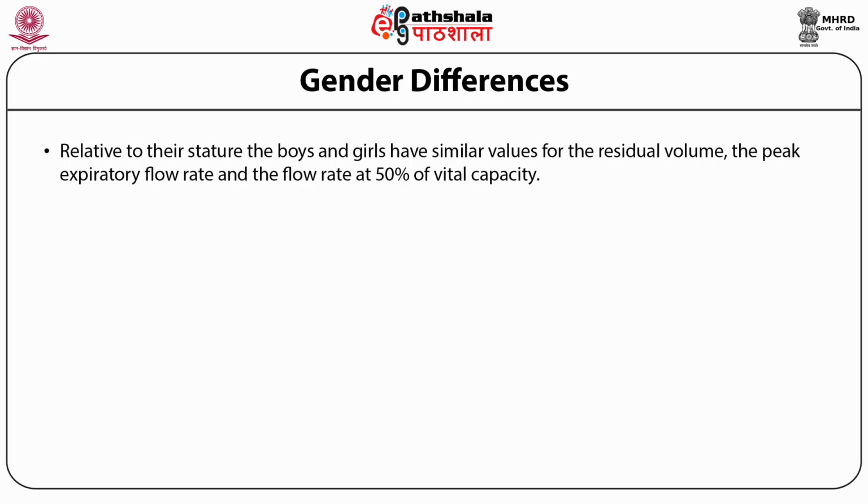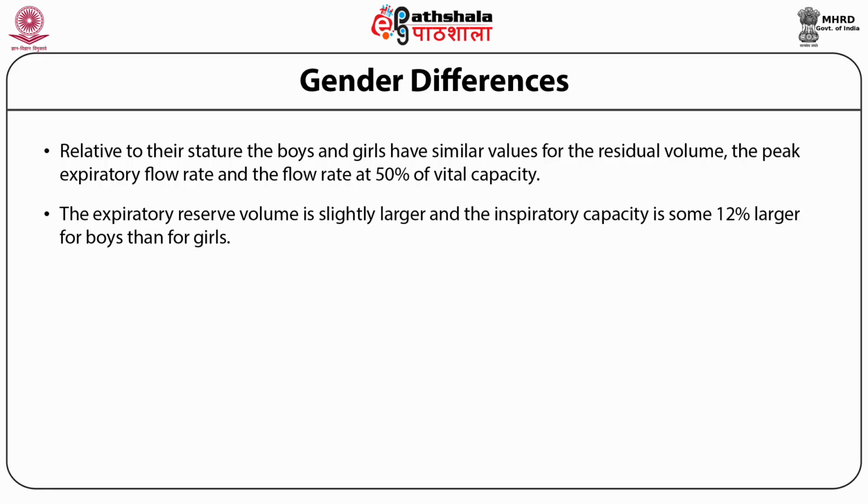In relation to the stature, boys and girls have similar values for some lung parameters or lung functions. For example, the residual volume, the peak expiratory flow rate, and the peak expiratory flow rate at 50% of the vital capacity. The expiratory reserve volume is slightly larger and the inspiratory capacity is about 12% more for boys than for girls.